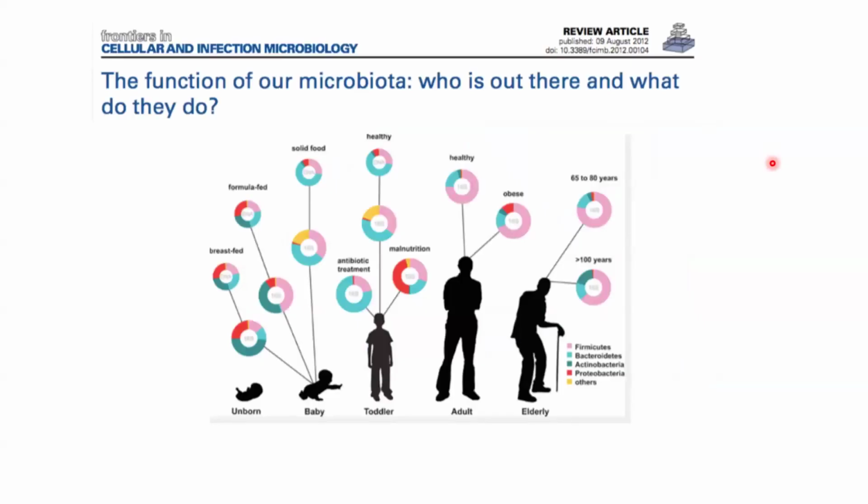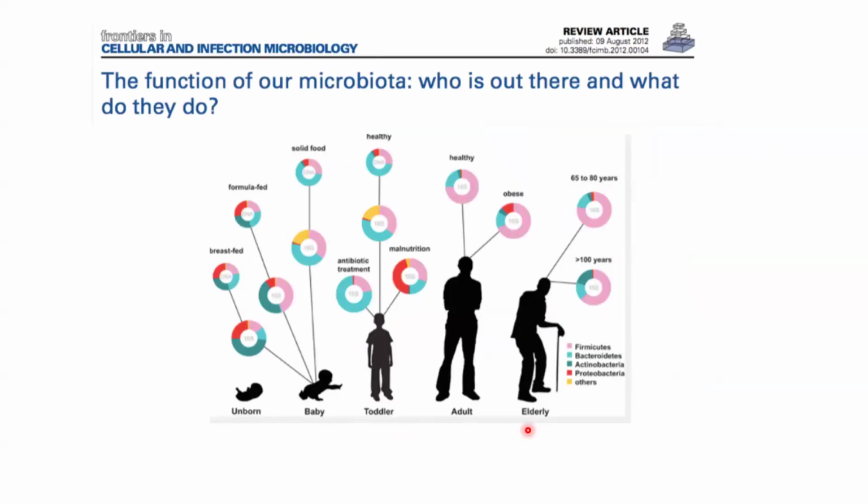Now this one is about the function of our microbiota: who is out there and what do they do. Now the diagram traces the human microbiome from birth, from unborn, baby, toddler, adult, and elderly, right?